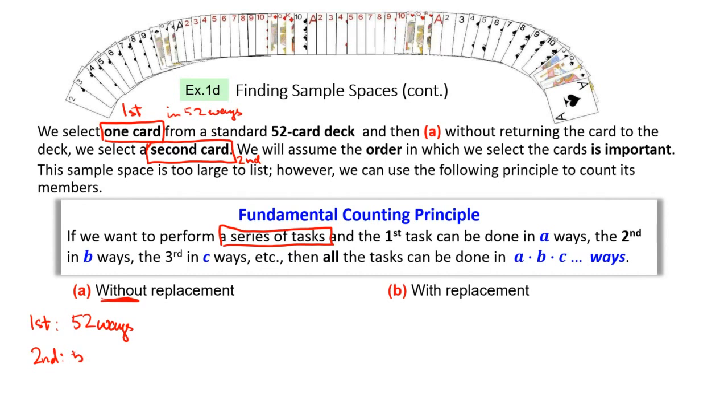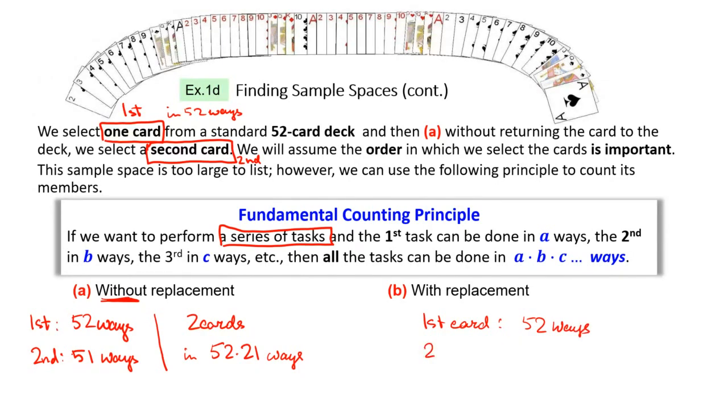So the second card can be drawn in 51 ways. 2 cards can be drawn in 52 times 51 ways. The second situation with replacement. The first card can be drawn in 52 ways, the same.